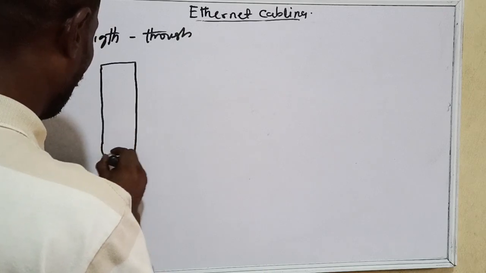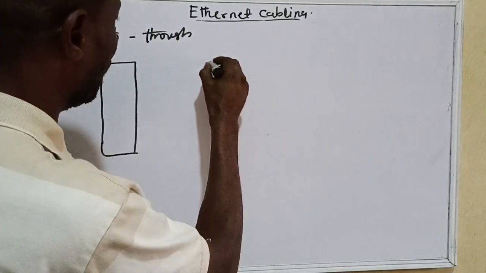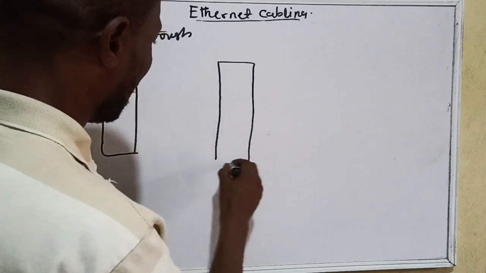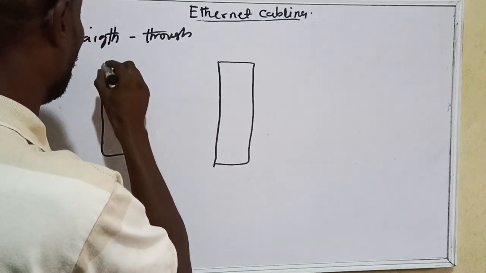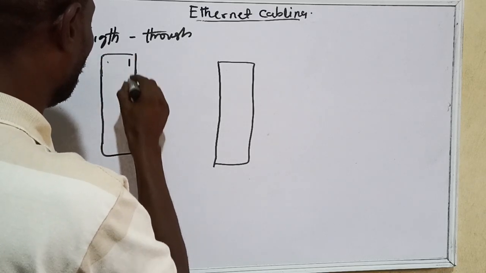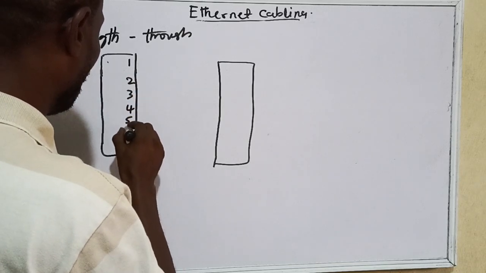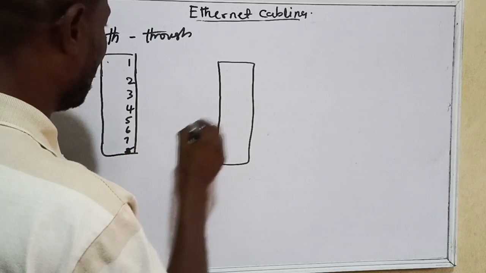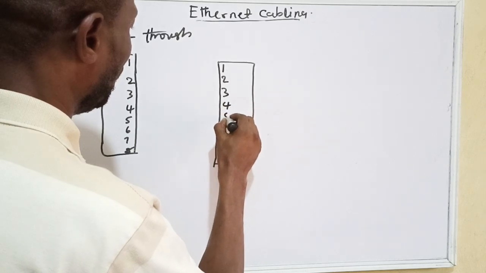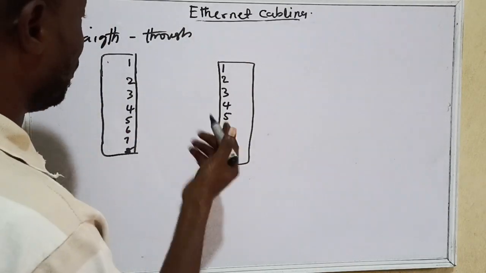At both ends of these cables are connectors called RJ45 connectors. These are the connectors here for the straight through cable, with pins 1, 2, 3, 4, 5, 6, 7, and 8. Don't mind my drawing.